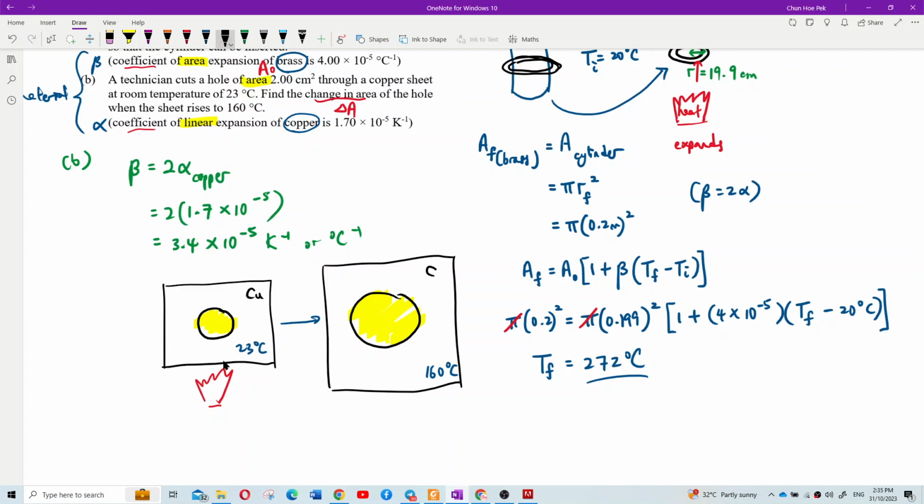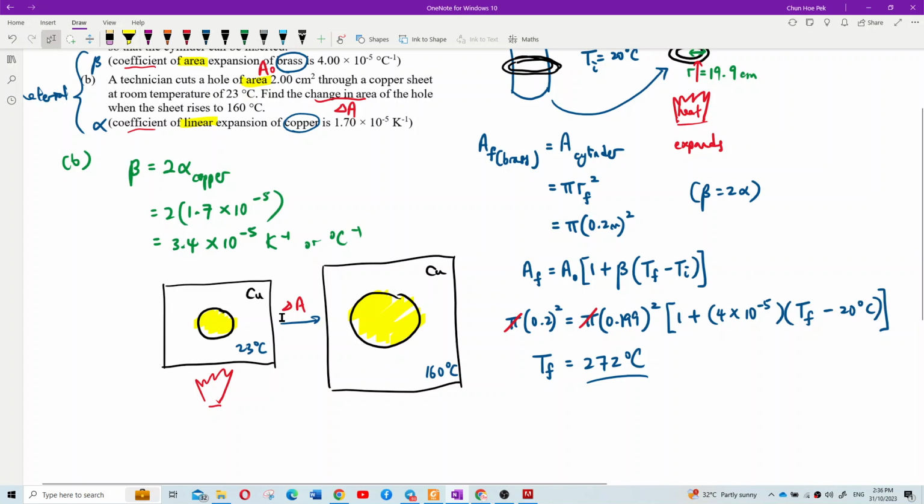There is a change of area in the process of expansion.